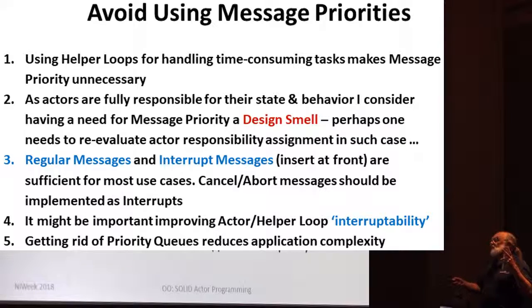You need to have regular messages which are added to the queue end, and you need to have interrupt messages, simple messages, which are injected in front. 99.9% of messages should be regular messages, and only things that cancel something should be interrupts. And again, your caller should not set a priority. It should be somehow hardwired into the cancel message implementation.